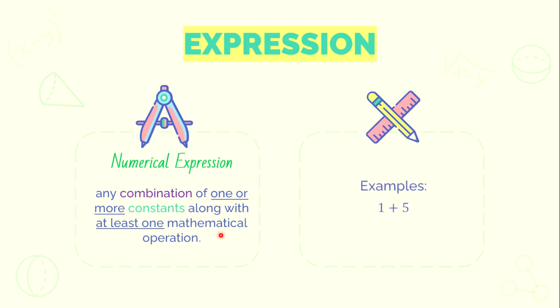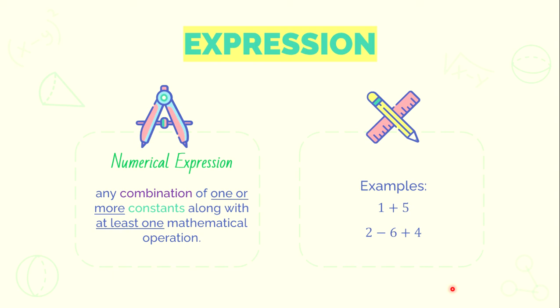For example, 1 plus 5. 1 and 5 are constants, with at least one mathematical operation, which is addition. Also 2 minus 6 plus 4. These are numerical expressions that you're very familiar with.